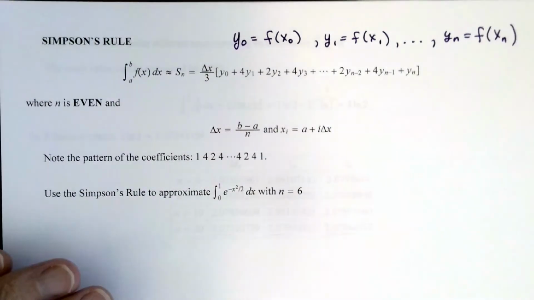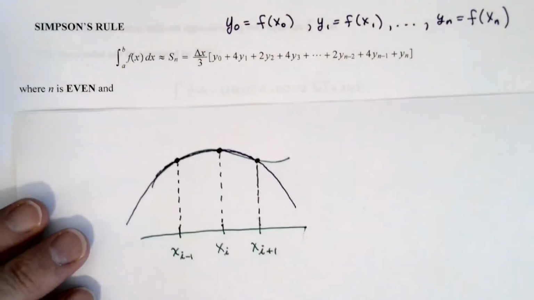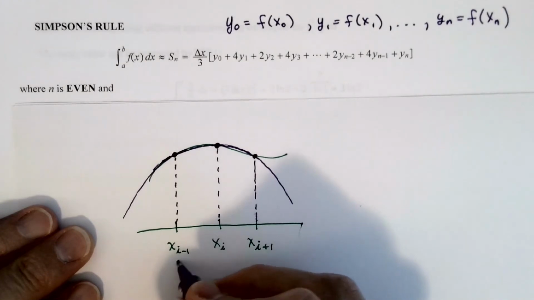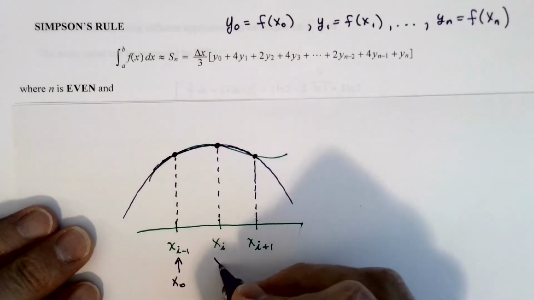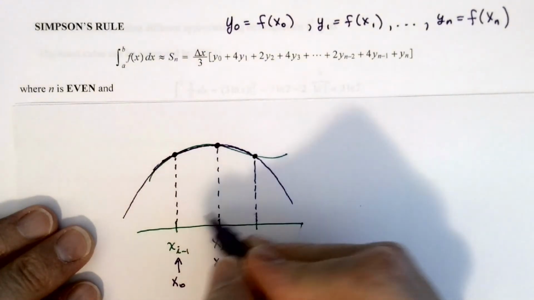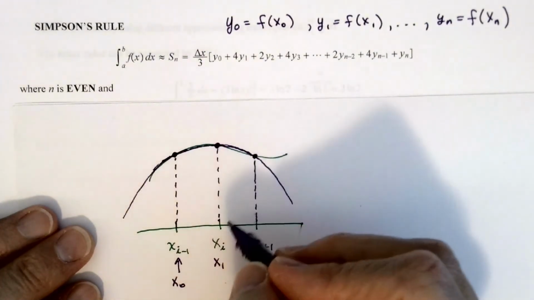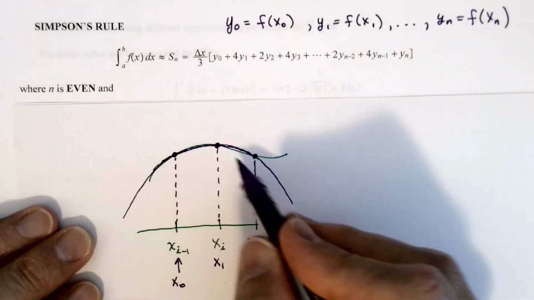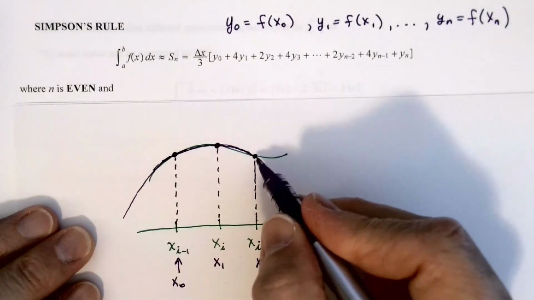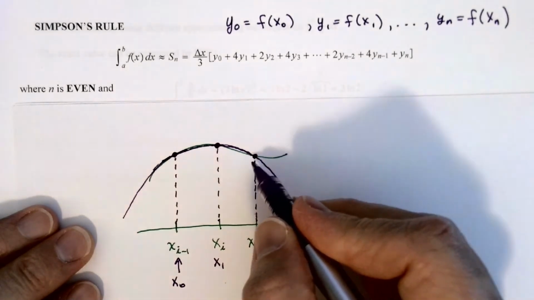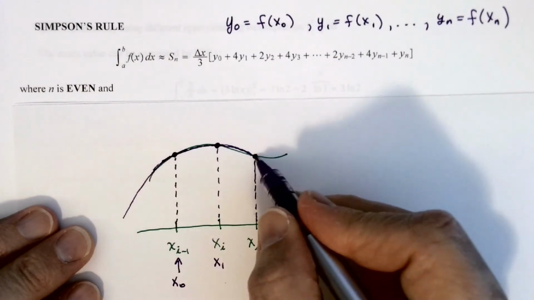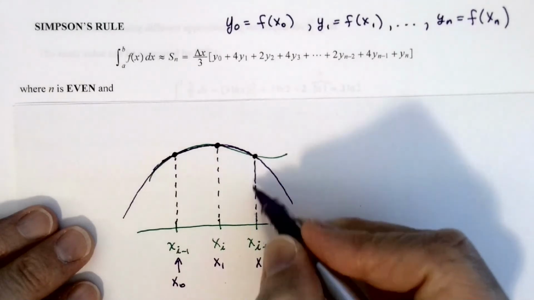This pattern basically comes from the fact that, if this is x sub 0, x sub 1, x sub 2, your first panel, you've got two subintervals here to work with. The next time we do something, for the next panel, the next three points, we're going to use this one again.